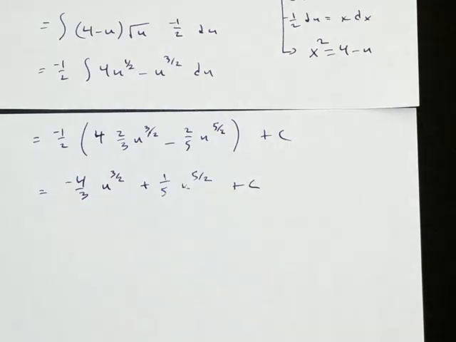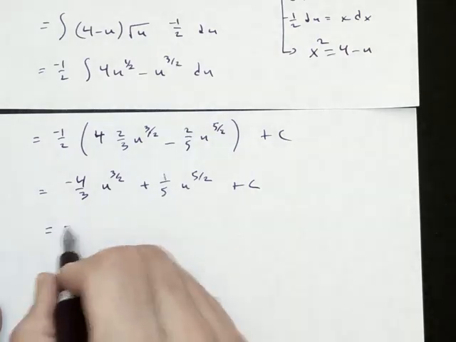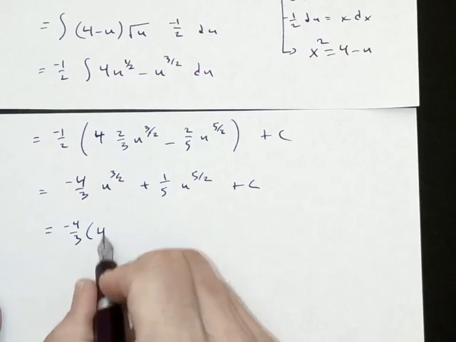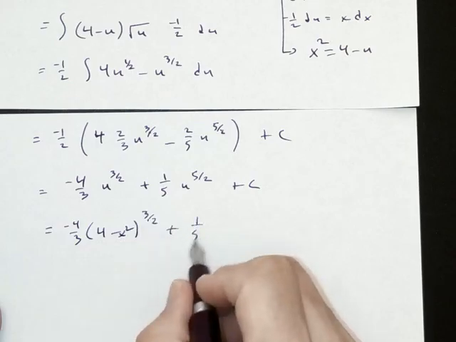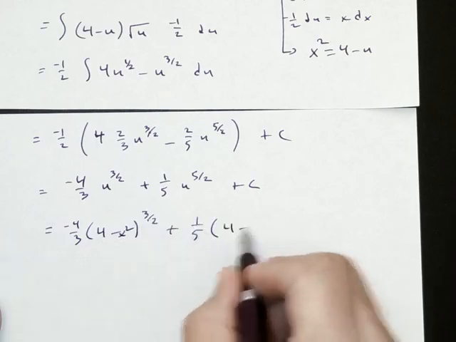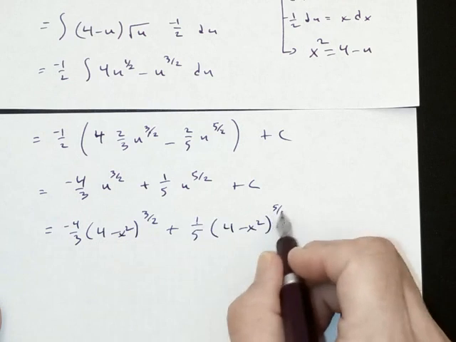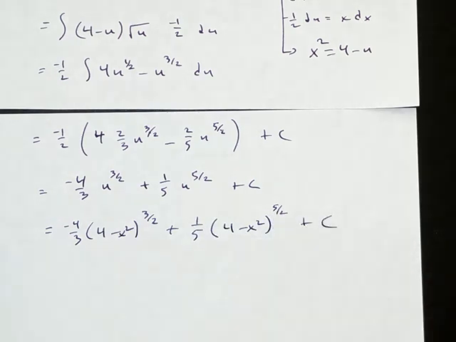And now I go back and put in my substitution. Minus 4/3 parentheses 4 minus x squared to the 3/2 plus 1/5 parentheses 4 minus x squared to the 5/2. So, in spite of the fact that I have a new trick, don't let the new trick prevent you from still using the old tricks.